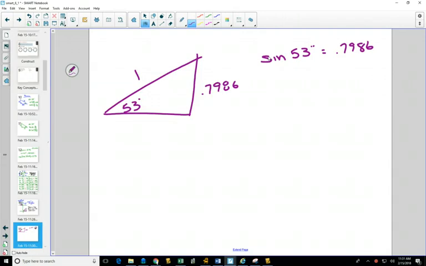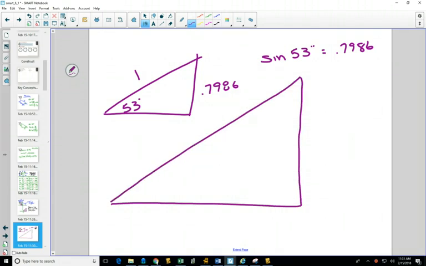And if I took this triangle and I made it bigger, and I kept this at 53 degrees, and I made it bigger so that, let's see, now it looks like this side is 2.